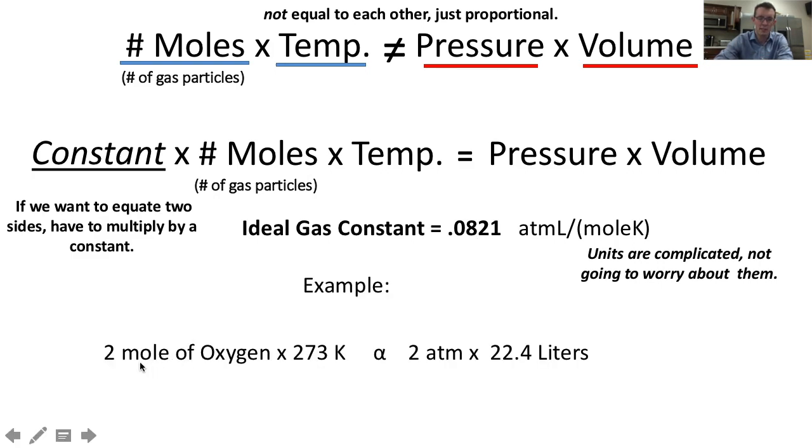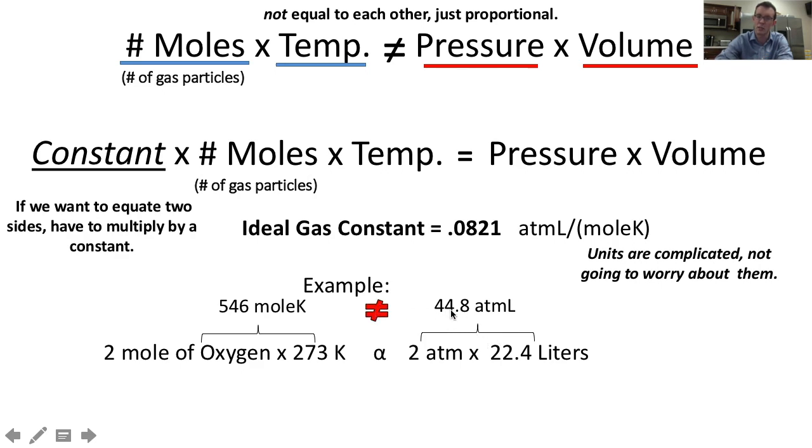And how it works, let's say we had 2 moles of oxygen at 273 Kelvin. The pressure of that gas would be 2 atmospheres in a container of 22.4 liters. Now, if you were to punch these into your calculator, you'd see that 2 times 273 is 546, and you'd see that 2 times 22.4 is 44.8.